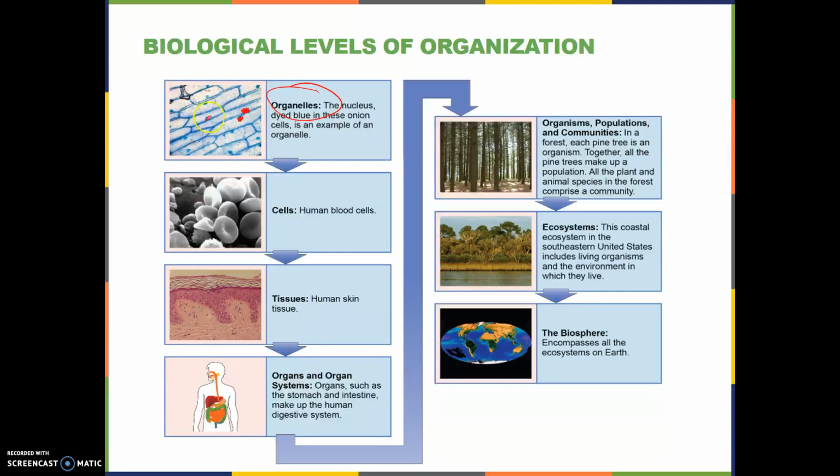I'm coloring them red now. But all these little structures are the nucleus of the cell. That's an organelle. And then you have organelles combine together, and they're surrounded by a membrane, a plasma membrane, to form a cell. And these are examples of human red blood cells.